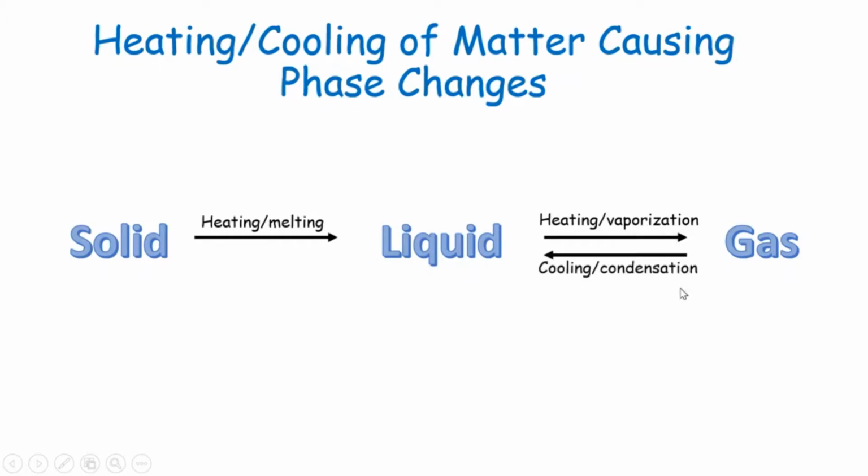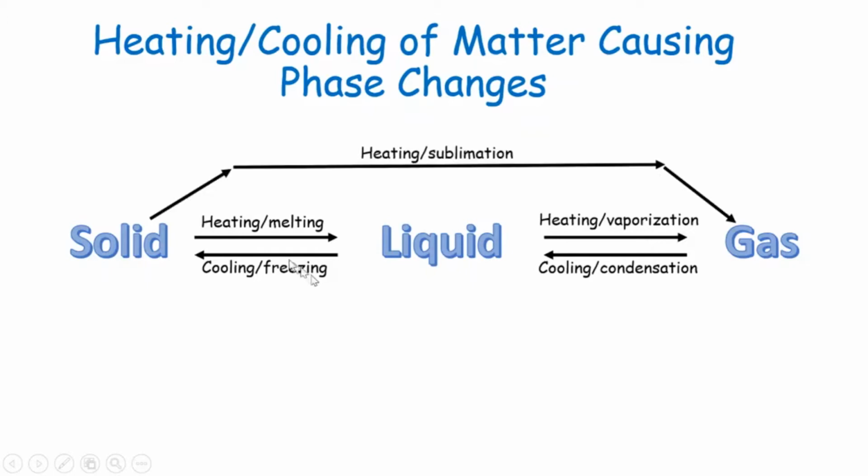Then the reverse process: apply cooling to gas, and condensation occurs. The phase change is called condensation, so gas becomes liquid. If we further cool a liquid, it will become solid. That phase change is called freezing.